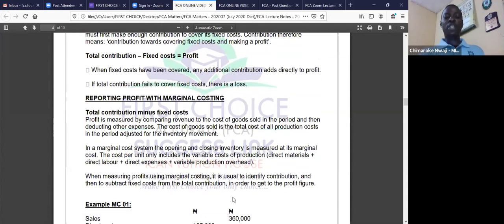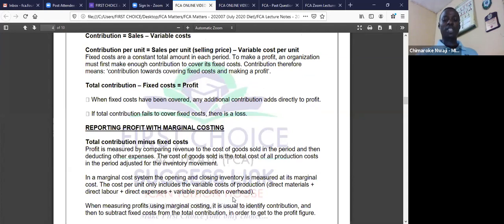Now, when measuring profits using marginal costing, it is usually important that you identify your contribution and subtract fixed cost. So let's look at it side by side, because we are saying marginal costing versus absorption costing. Marginal costing, the important thing here is contribution.